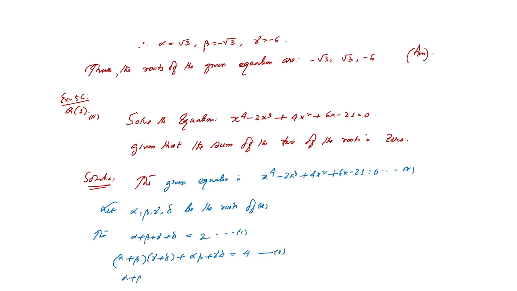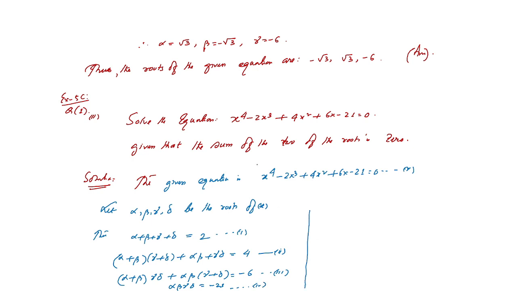Next, alpha plus beta into gamma delta plus alpha beta into gamma plus delta will be minus 6. Relation 3. And alpha beta gamma delta will be minus 21, and that is 4.